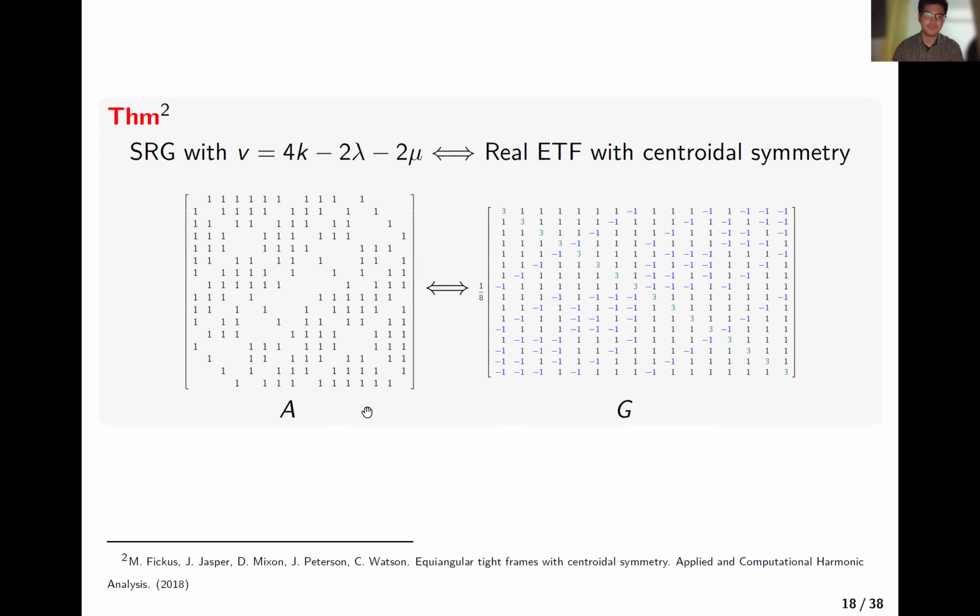This gives me a 0-1 matrix, and it turns out this will be the adjacency matrix of a strongly regular graph. Conversely, starting with the adjacency matrix of such a graph, we can appropriately translate the diagonal and scale everything to give us the Gram matrix of an ETF with centroidal symmetry. So that's the rough idea of this correspondence.